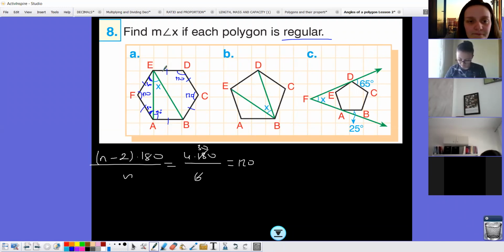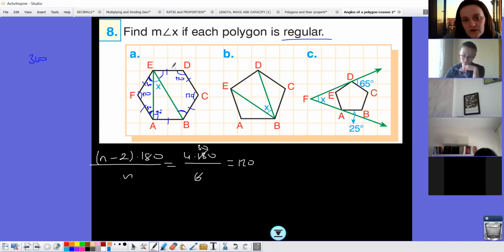Teacher, if we find this angle, we can equalize all of it with 120 and we get X. Yes. So here I have a quadrilateral and the sum of the interior angles of a quadrilateral is 360, yes?